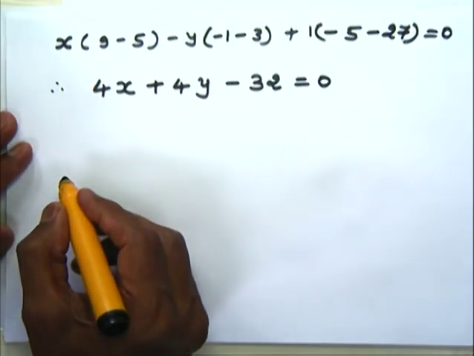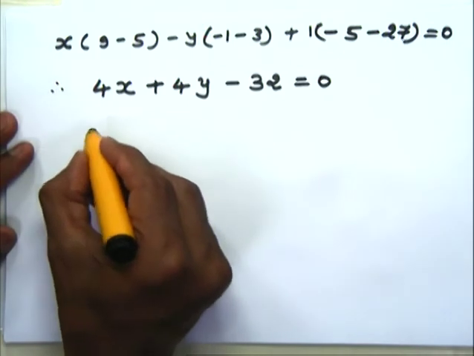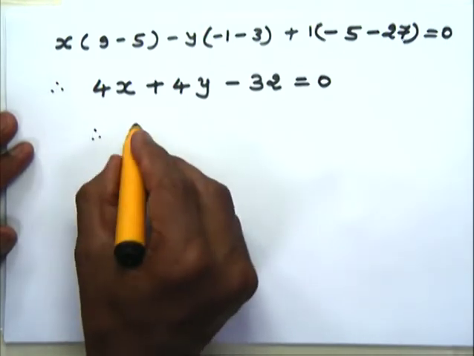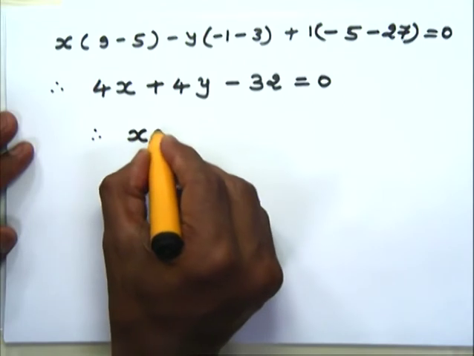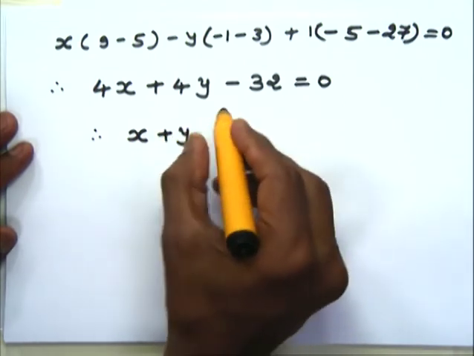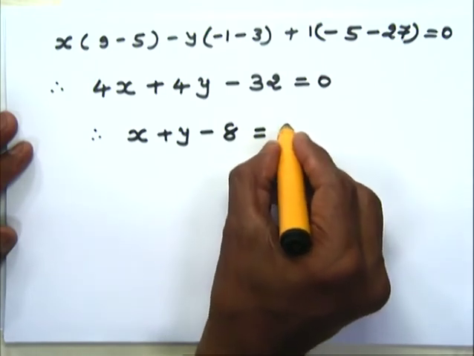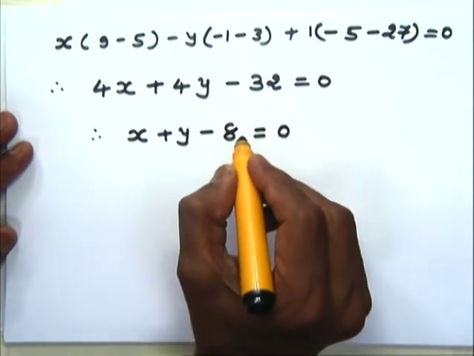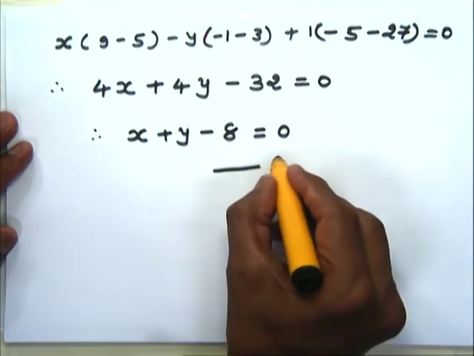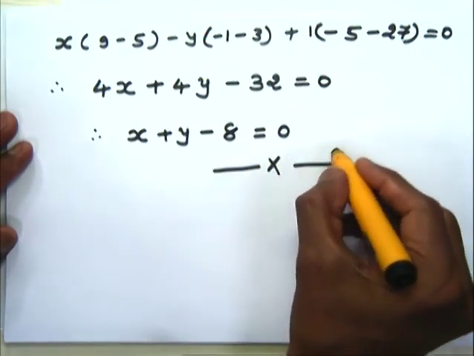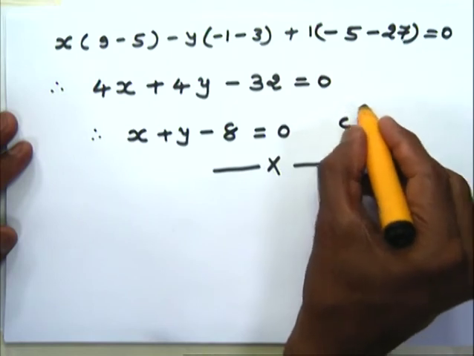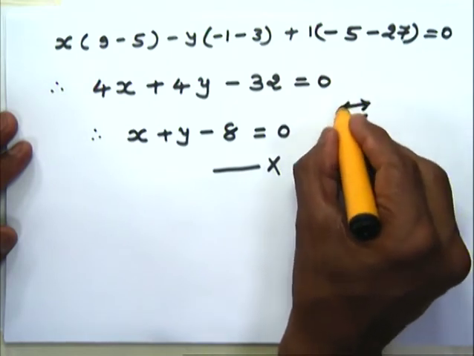As it can be seen that it is divisible by 4, on dividing the equation by 4, finally I find that x minus y plus 8 is equal to 0. So that was the equation of the median CF required. Thank you friends for attending this session.